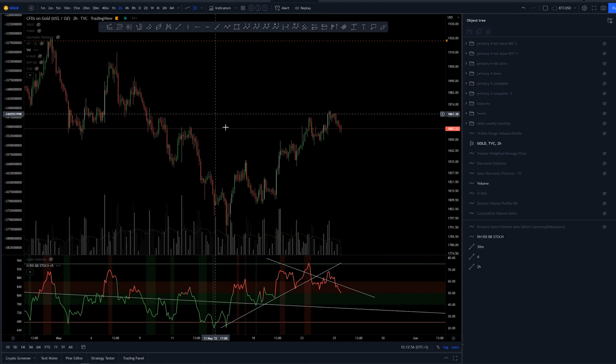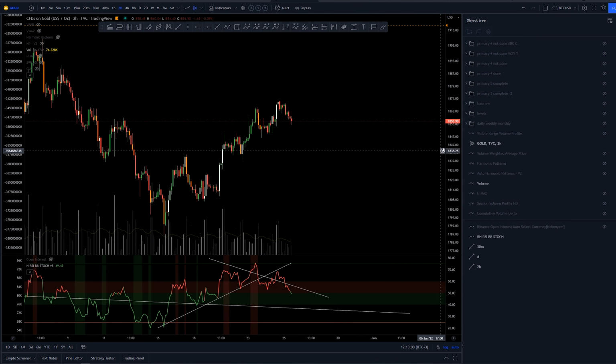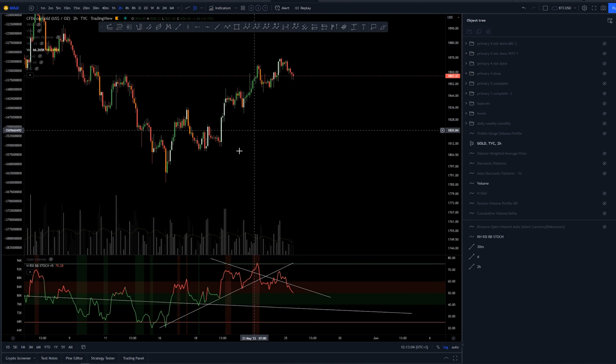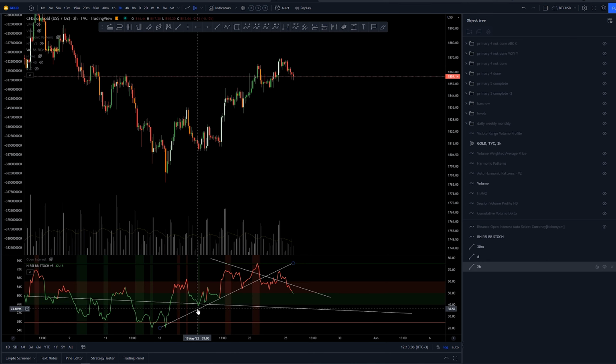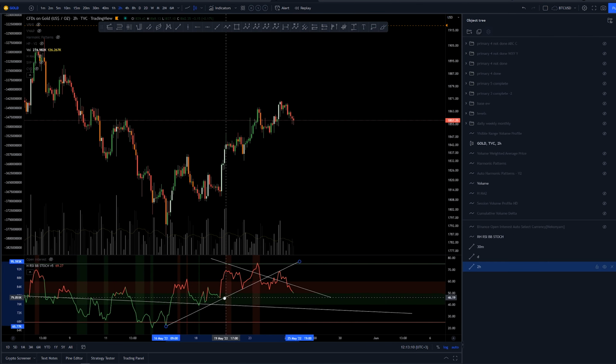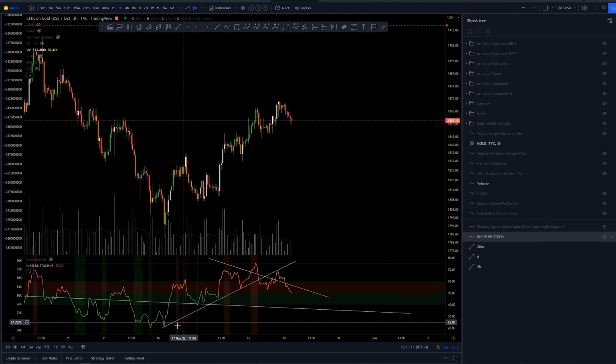Now, something else we have on the 2 hour time frame as well is this one. We had basically a support line on the trend on RSI on the bottom, and now that has been broken here and back tested on these highs.